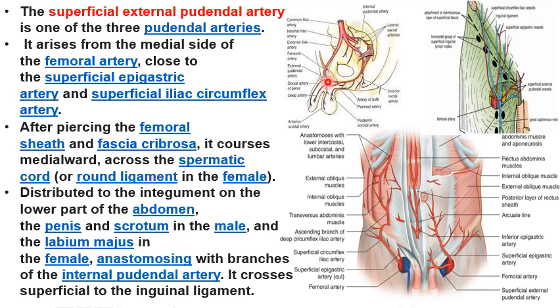So the superficial external pudendal anastomoses with the posterior scrotal arteries, which are branches of the internal pudendal, which is the internal branch of the internal iliac. Here the superficial external pudendal is a branch of the femoral artery, which is the continuation of the external iliac. So there is communication happening between the branches of the internal iliac and the external iliac arteries here.